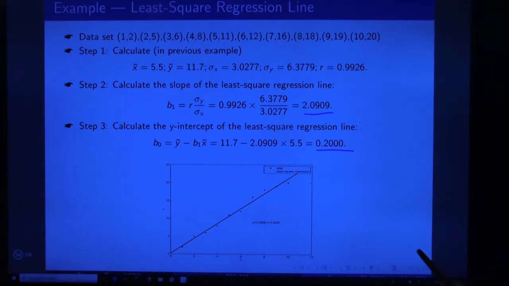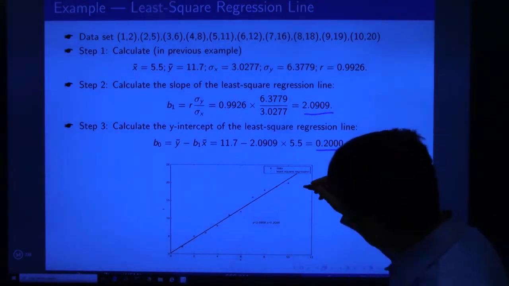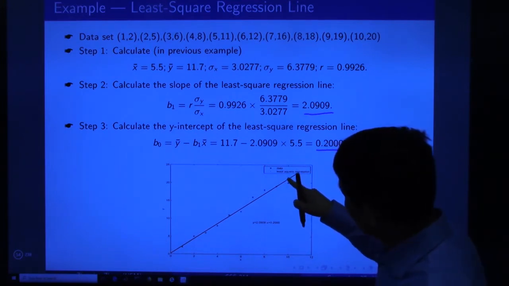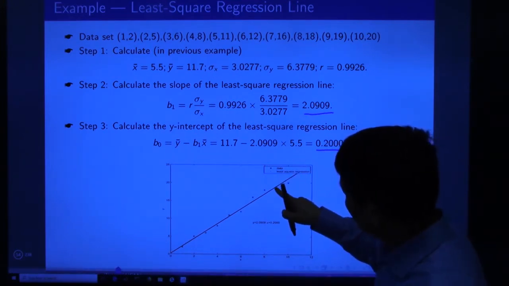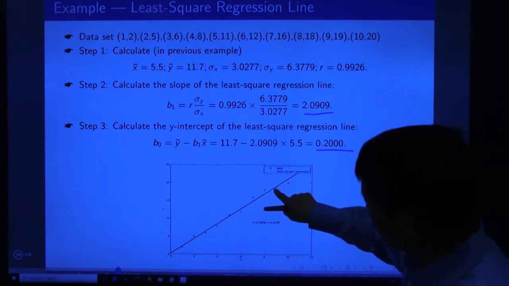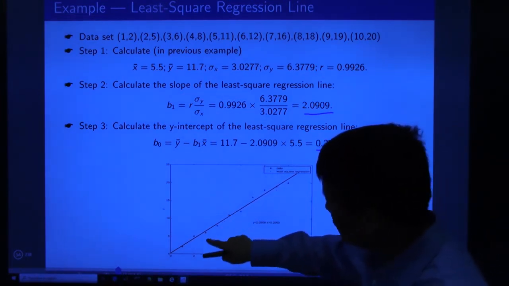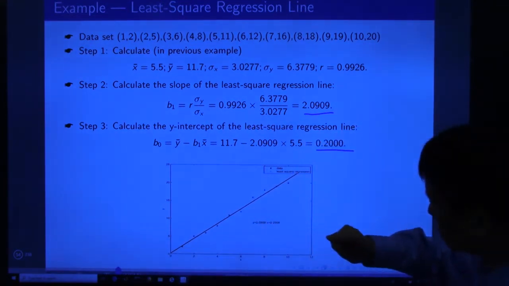And again, we should understand the physical meaning of this. For the regression line, for example, the residual for this one is negative, right? This value minus the predicted. And this value looks like it's on the line, so the residual equals 0. This one positive, positive, negative, positive, negative, negative, positive, and negative.